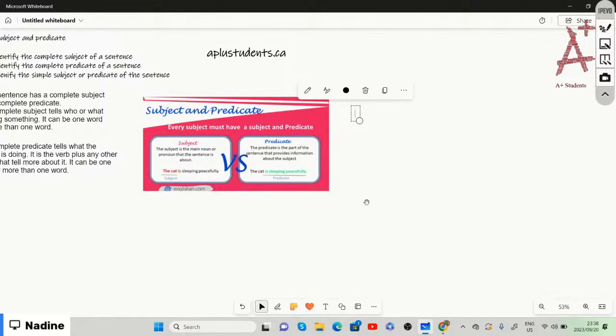So if we look at a few more sentences with subjects as well as predicates, we can say the girl likes ice cream.